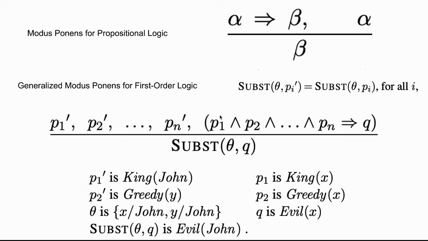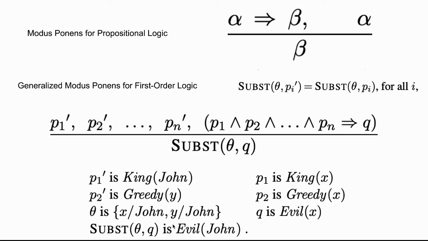Now what can we infer from this generalized version is that because my substitution x/John makes P1 prime and P1 equivalent, my substitution y/John makes P2 prime and P2 equivalent, and I know that P1 prime and P2 prime are true, then I can make the substitution x/John in evil of x, and this statement will also be true.